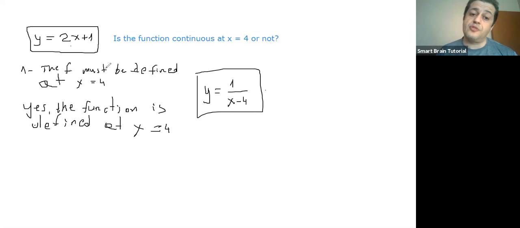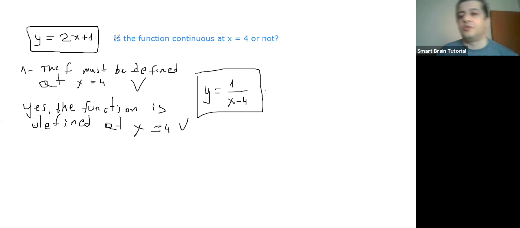So the function must be defined at x equal to 4. Is it defined? Yes. In our case, the function is defined at x equal to 4 because if we replace x with 4, we have 2 times 4 is 8 plus 1, it is 9. It is okay. We don't have any problem if we replace x with 4.